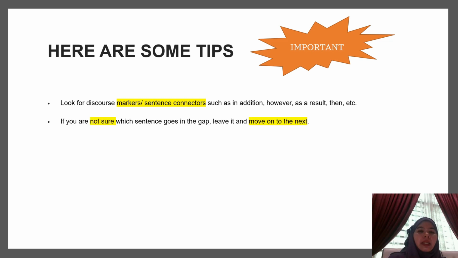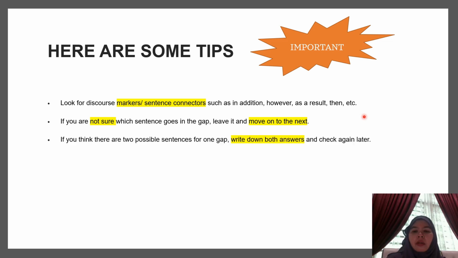Okay, next, tips number 2. If you're not sure which sentence goes in the gap, leave it and move on to the next sentence. If you think there are 2 possible sentences for the gap, write down both answers. Okay, you write down both answers on that gap and you come back and check again later.